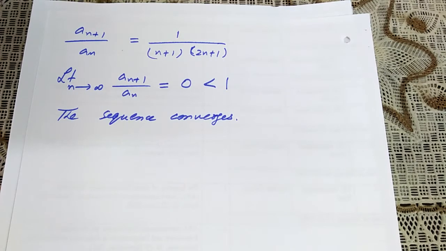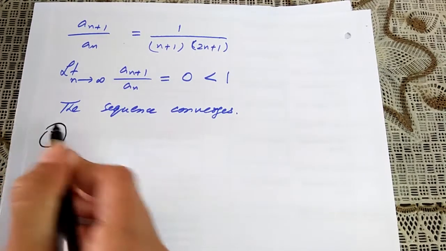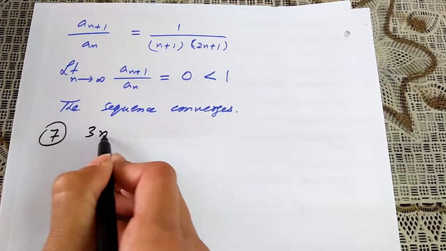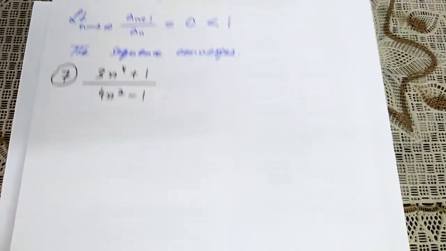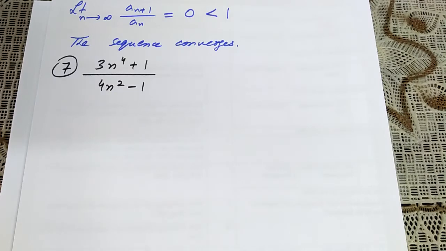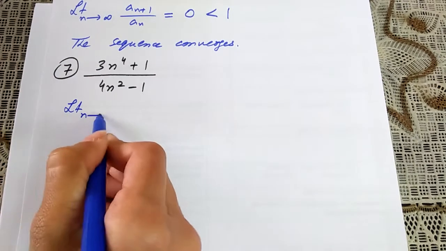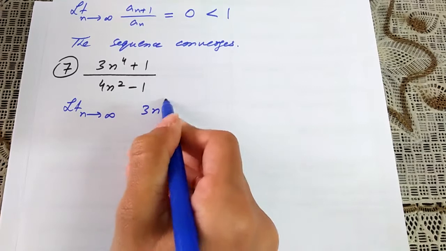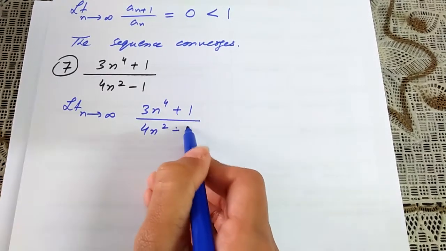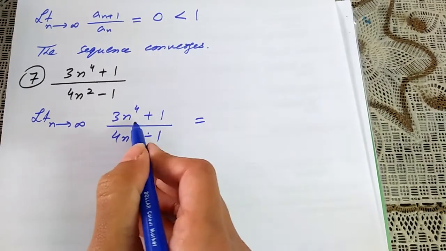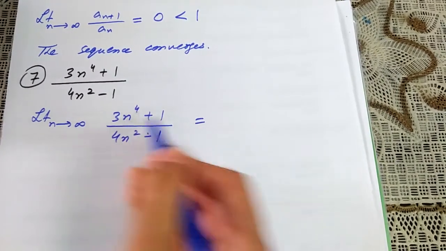Now question number 7. 3n raised to power 4 plus 1 over 4n square minus 1 here. Limit n approaches to infinity, 3n raised to power 4 plus 1 divided by 4n square minus 1 here. I can take n4 common out of here.